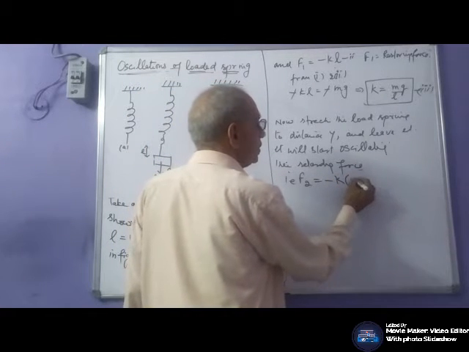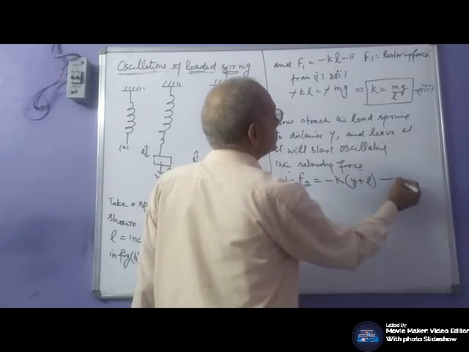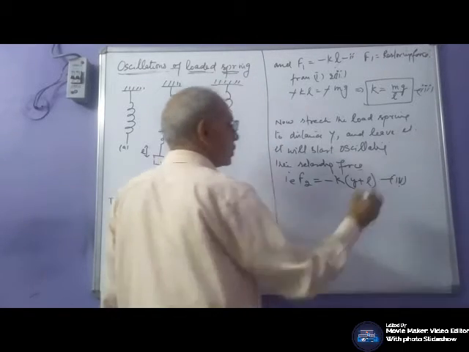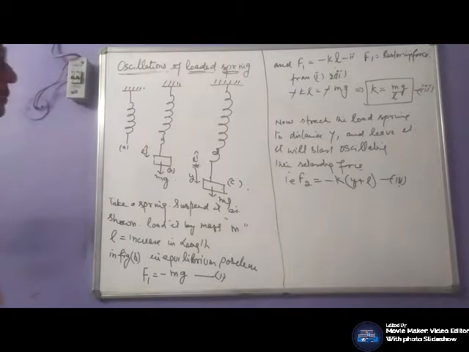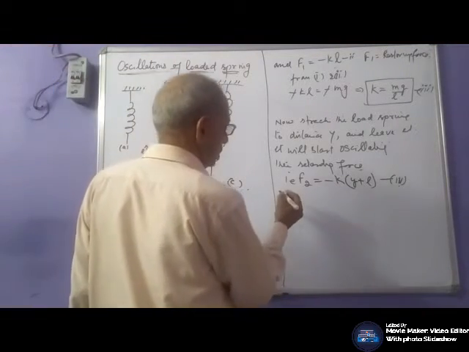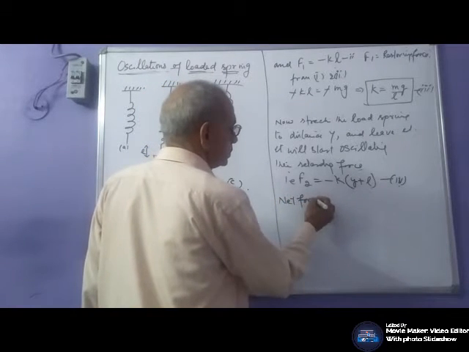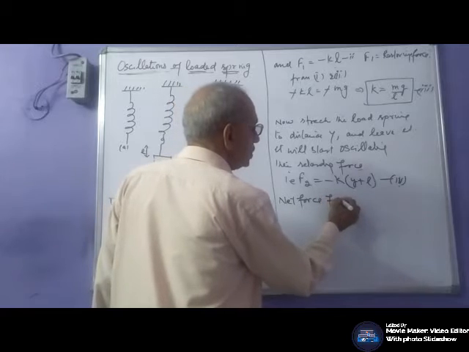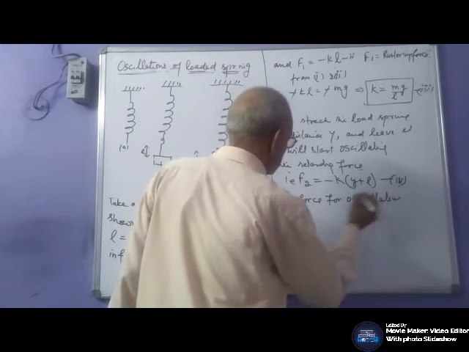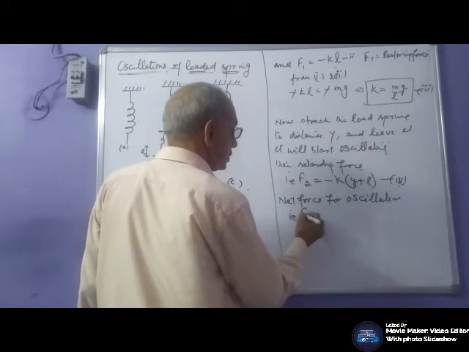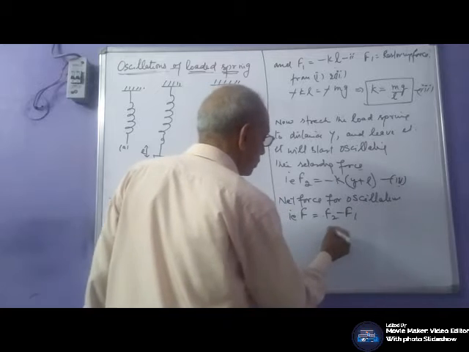is K, the spring constant, times Y plus L. Now total elongation is this. Net force for oscillations, that is F, will be F2 minus F1.